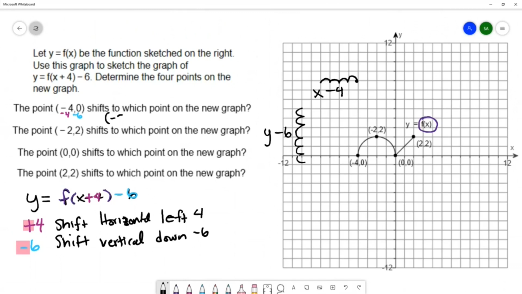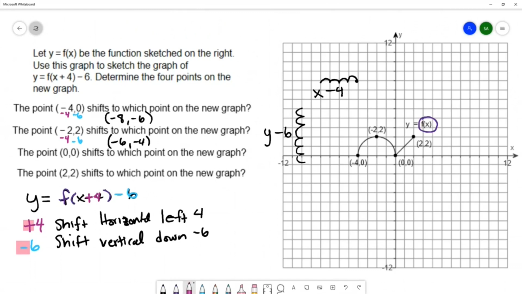which is (-8, -6) for that first one. So for every one of these, I'm going to subtract 4 from the x, subtract 6 from the y, and my new point for (-2, 2) moves to (-6, -4).